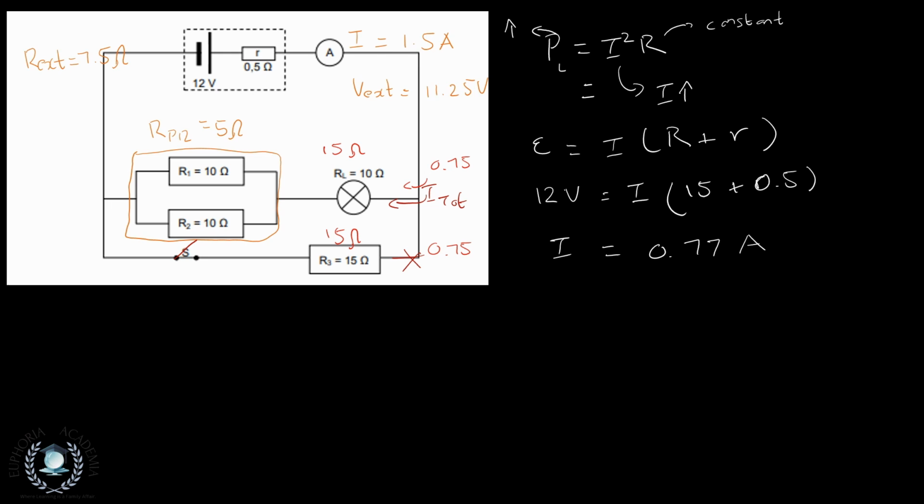But now the current going through this whole circuit is not 0.75 but 0.77, which is higher than the previous 0.75 amps. So the brightness will increase because of those reasons.